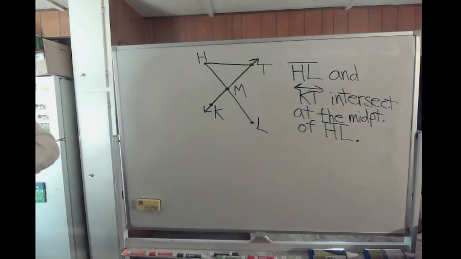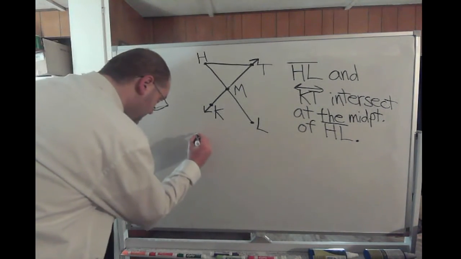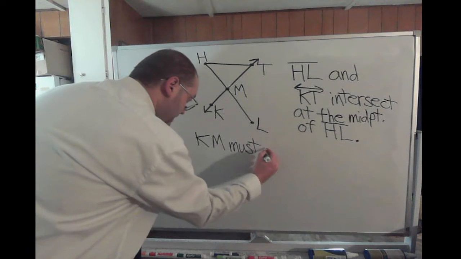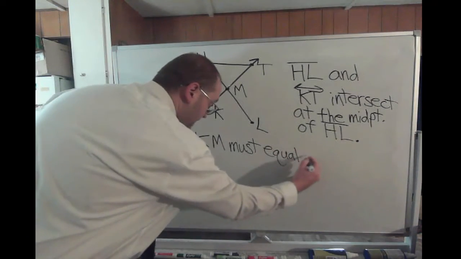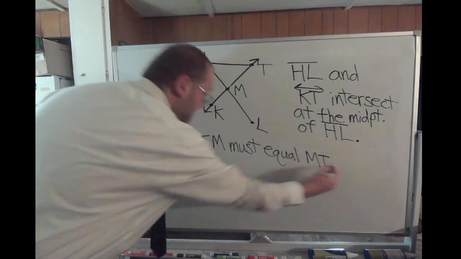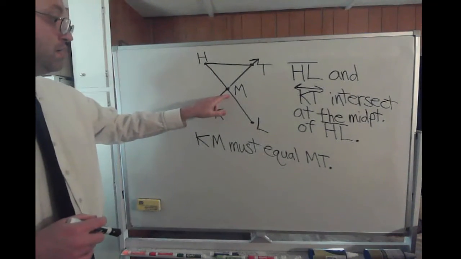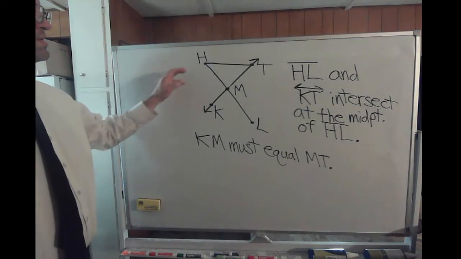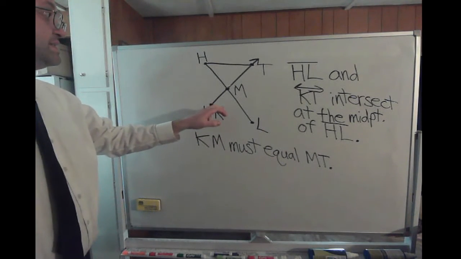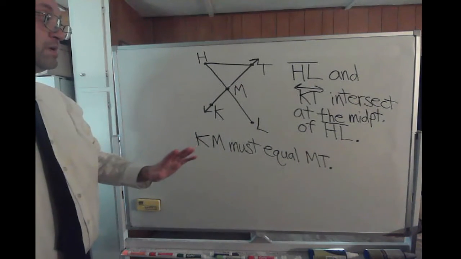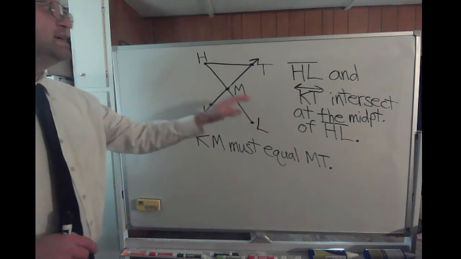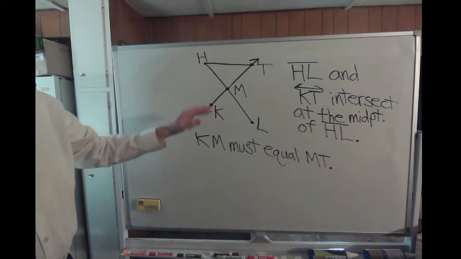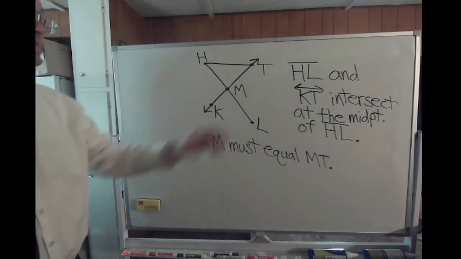Now, what's the next statement say? KM must equal MT. Well, we know that the line segment HL and the line KT intersect at the midpoint of line segment HL, but notice the statement doesn't say anything about whether it's at the midpoint of line KT.